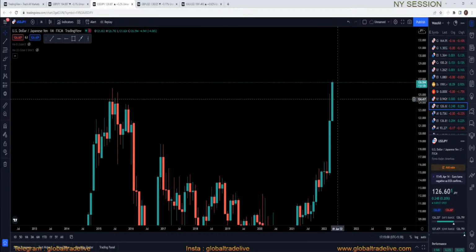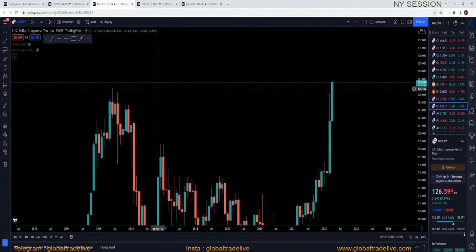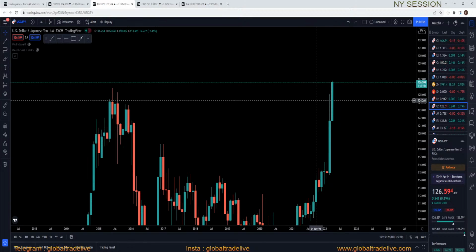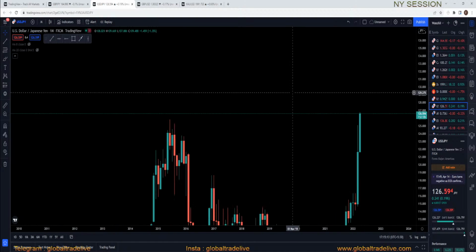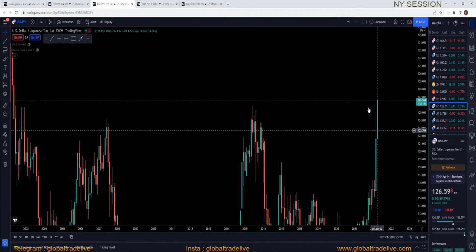Once the market has hunted the stop losses of the sellers, now it will be moving down from here. That's the psychology behind these kinds of moves. If not, it's going to move more up, but according to me, it should be coming down now.